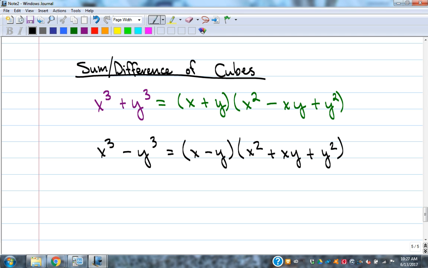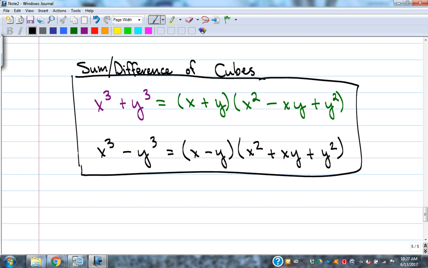Learning those patterns is one of those things that you really need to do. Keep it handy while you're working problems, and then kind of just memorize it. Then you can factor sums and differences of cubes.